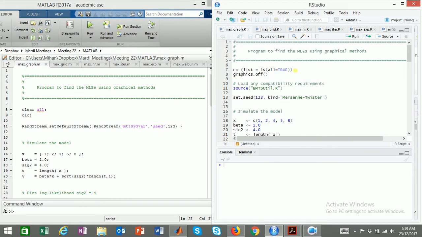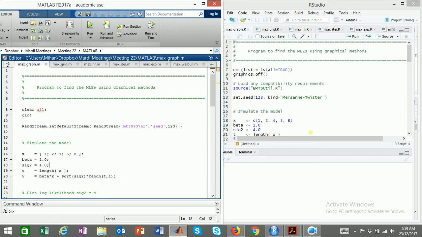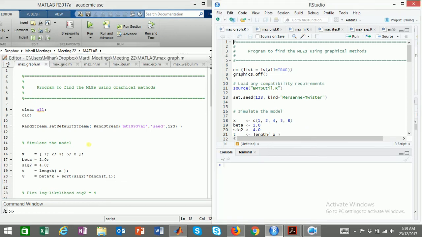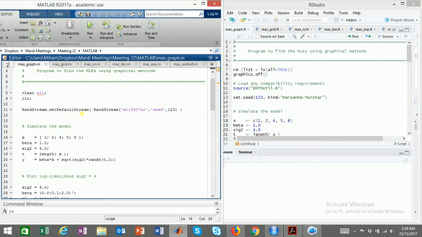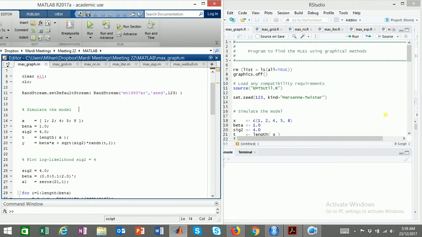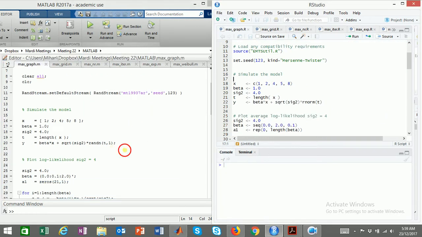Okay, we pass in the random generation code, set default stream, not set global stream, and the kind for R is Mersenne twister. Pass in the numbers again.